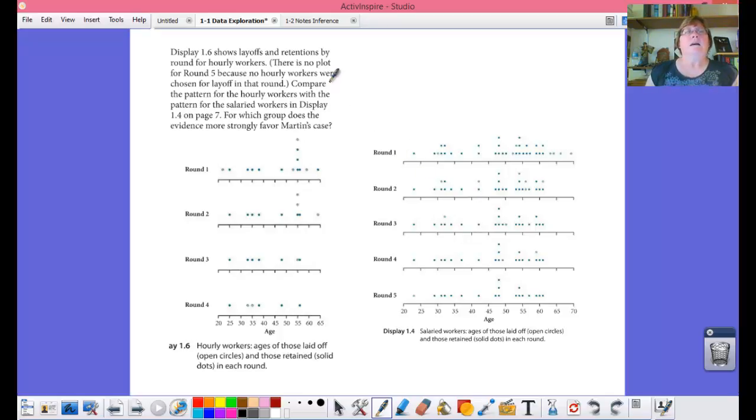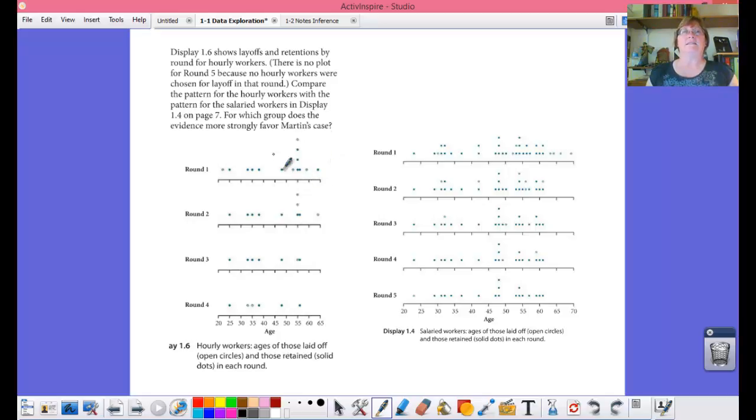But what we are to do here is compare the pattern for hourly workers with the pattern for salaried. For which group does the evidence more strongly favor the age discrimination case? Now, you and I may have different answers for that, and it's okay. We're looking at the same data, but it's all right to have different opinions about the data. They're asking us to make a subjective opinion here. And I'm looking at the number of older people at the start of each of these.